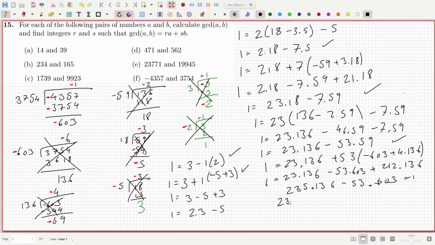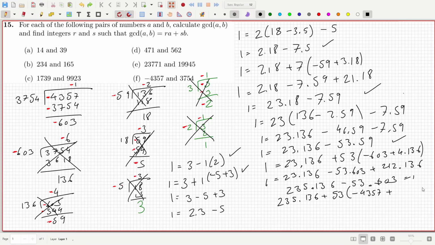Okay, so now the last step is to replace minus 603. So that's 235 times 136 plus 53 times minus 603, which is minus 4357 plus 3754. That should equal 1. Oh, wait, no. No, I never replaced the 136.